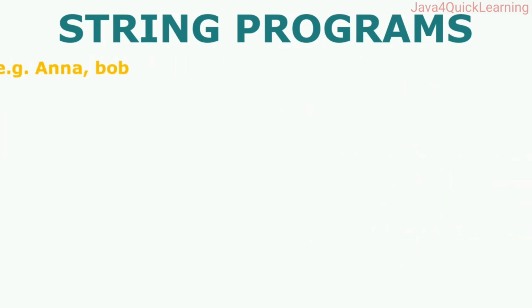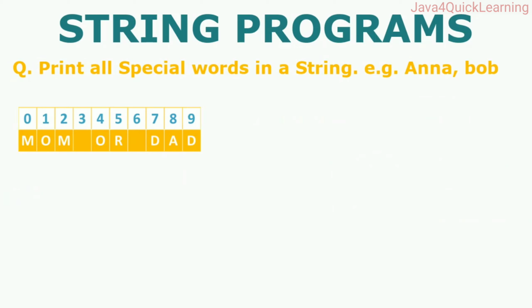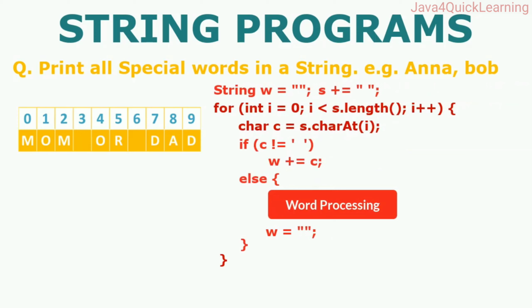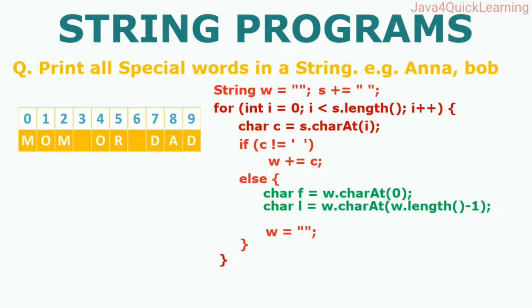The next program we will see is to print all special words in a sentence. A special word is a word which starts and ends with the same character, like Anna, Bob, etc. Here too we will take our template. In word processing, we will extract the first character of the word by using w.charAt(0) and the last character of the word by using w.charAt(w.length() - 1).